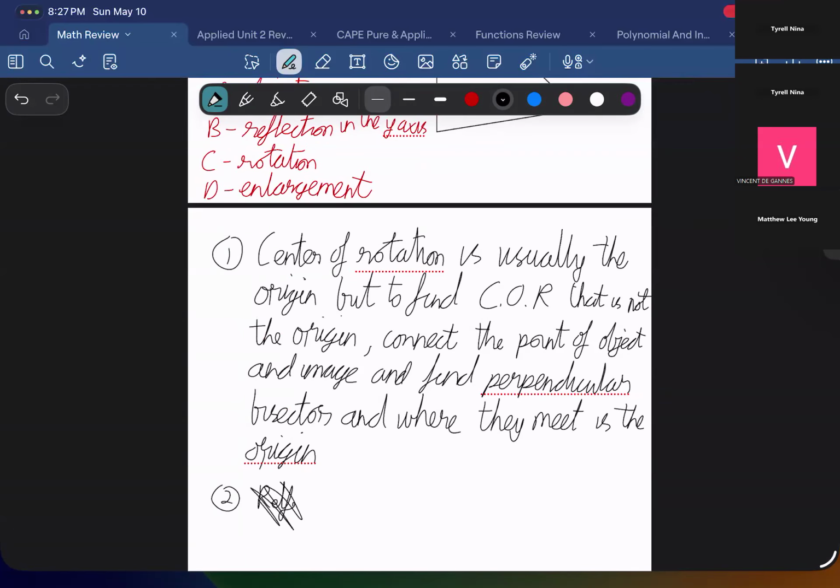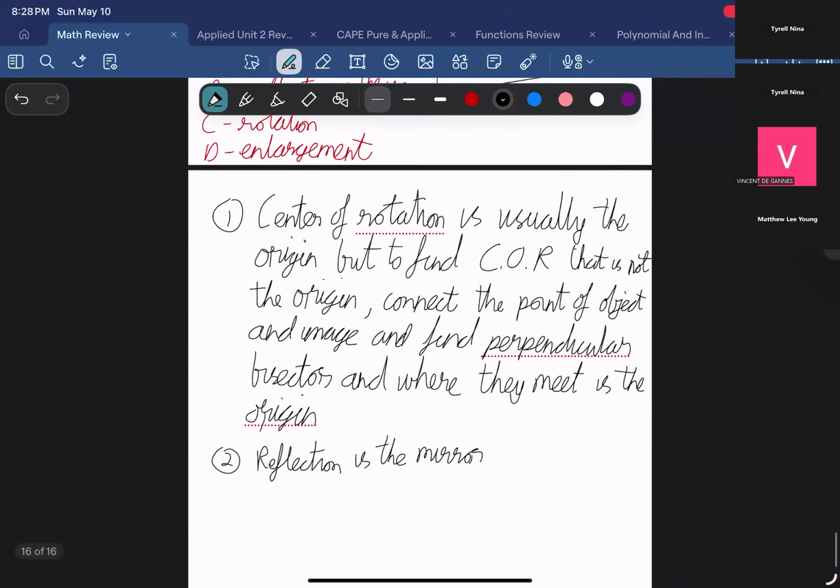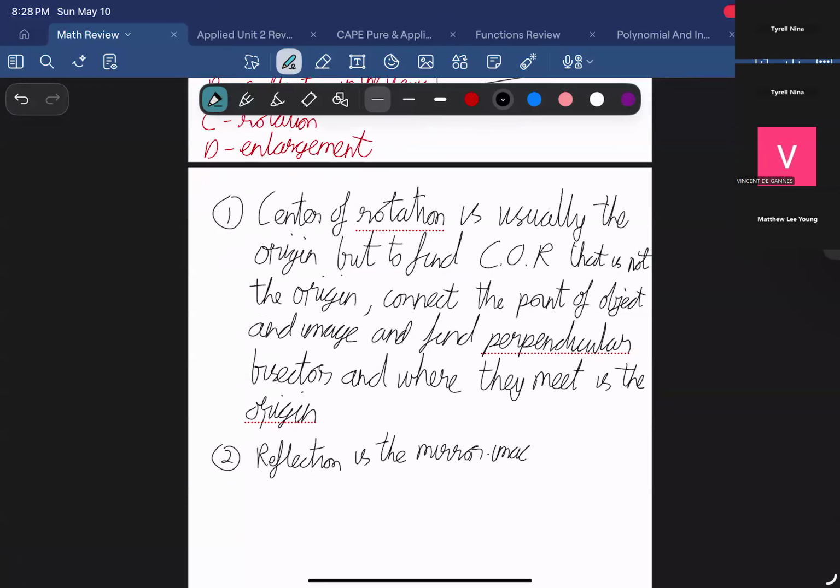Two, reflection is the mirror image along a line.